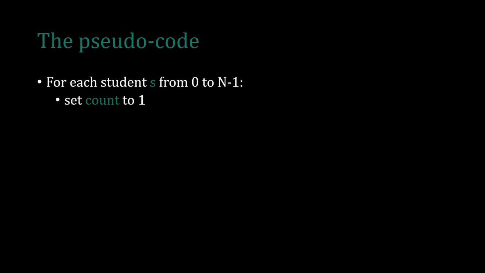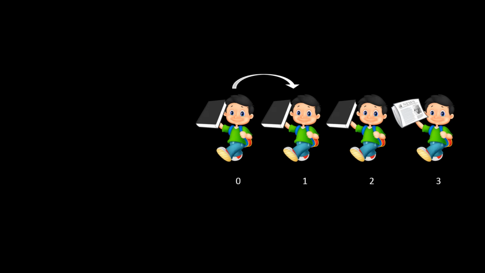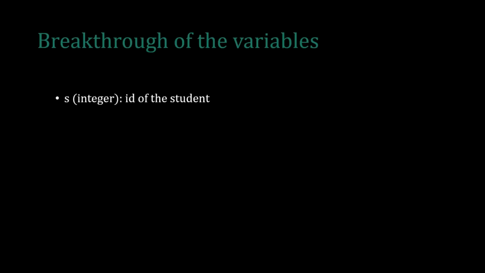We set the counter to 1, because I will explain why 1. Set the current student to partners S, because when we start, we directly go from the current student to his partner.